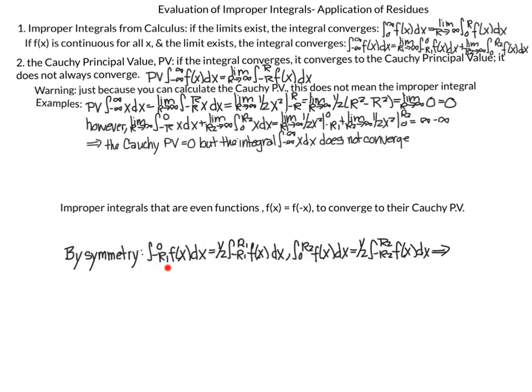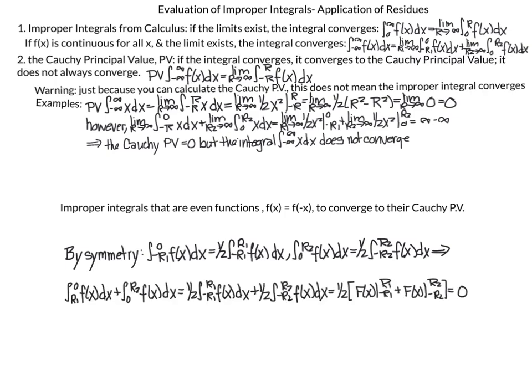By symmetry, if we only look at the negative real axis, so we integrate from negative r1 to 0 of f of x dx, that's going to be exactly half of integrating from negative r1 to r1 of f of x dx, again because we have this even function. Similarly, if we go just the positive half, 0 to r2 of f of x dx, then that's going to equal 1/2 the integral from negative r2 to r2 of f of x dx.